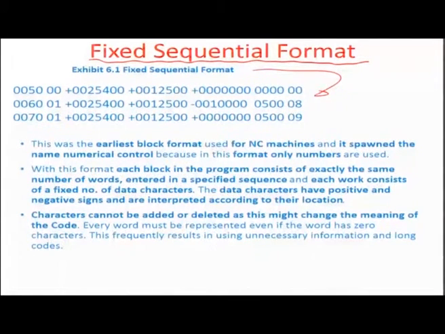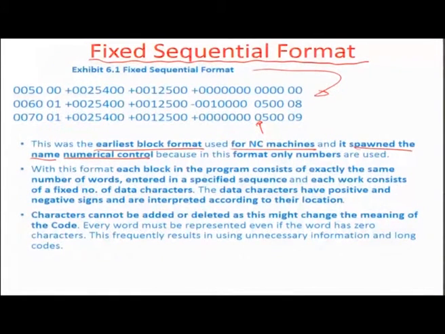So, incidentally, this was one of the earliest block formats which was used for NC machines, and it is from this that the name numerical control actually spawned, because it was all numerics, as can be seen in this exhibit right here. Formats only made up of numbers.